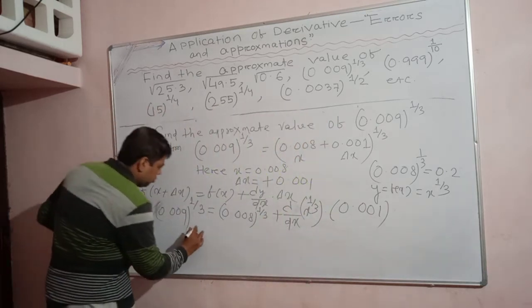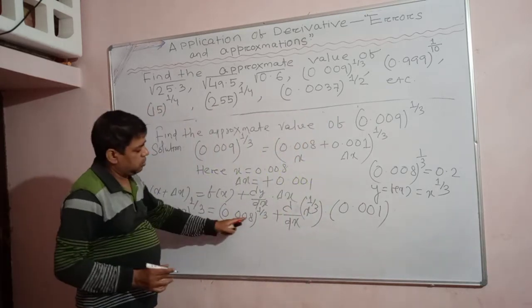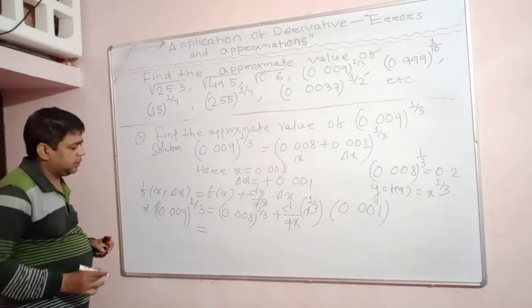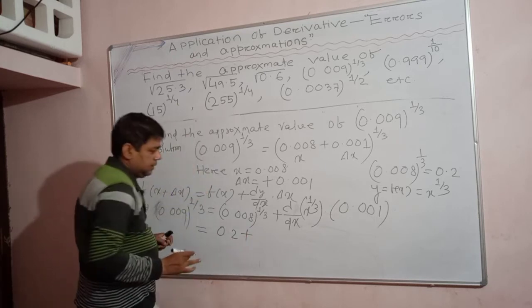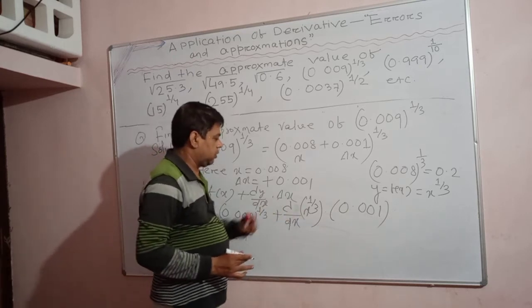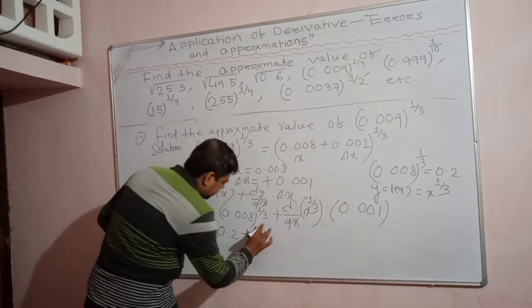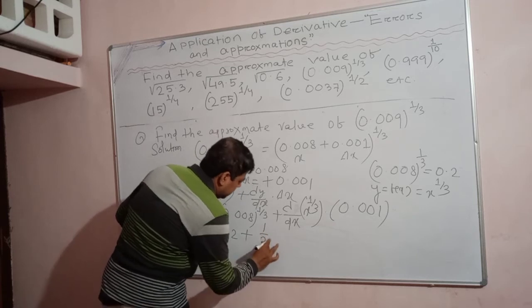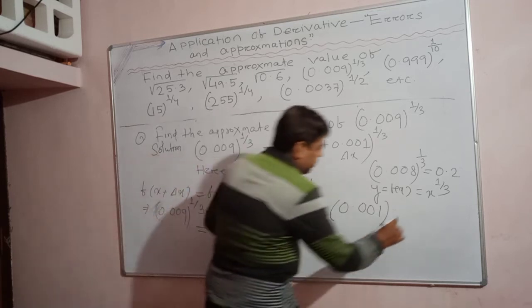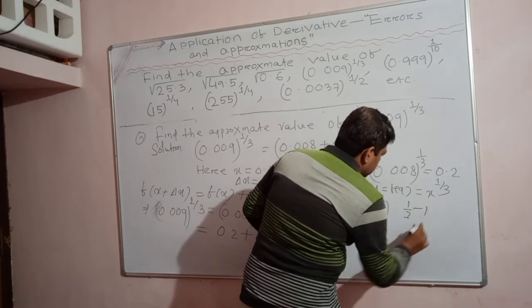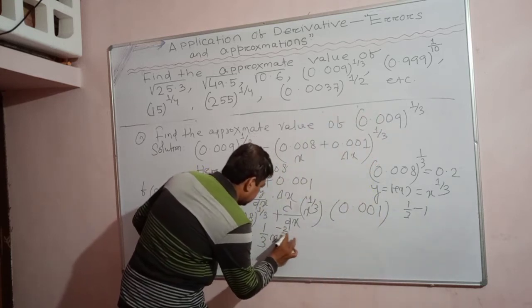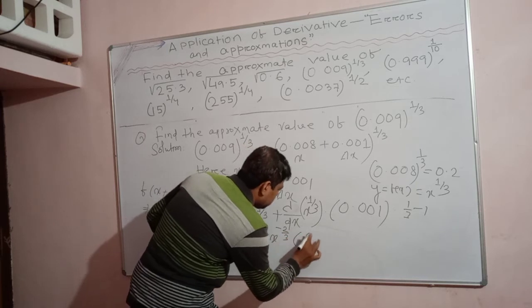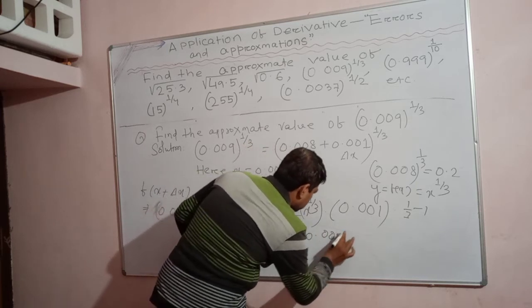So that is equal to, 0.008 whole to the power 1 by 3 is equal to 0.2, plus the derivative of x to the power 1 by 3. Using the first order derivative formula, 1 by 3 x to the power 1 by 3 minus 1, so 1 minus 3 gives minus 2 upon 3, into 0.001.